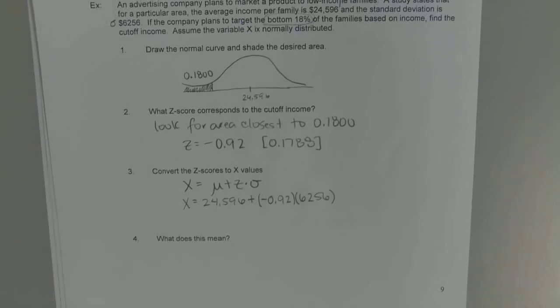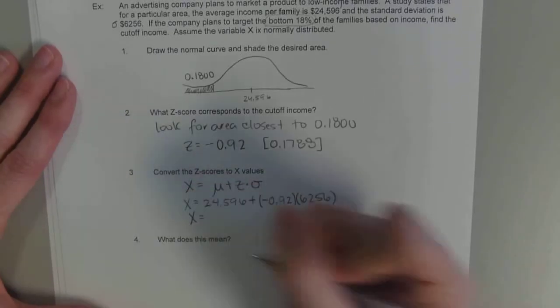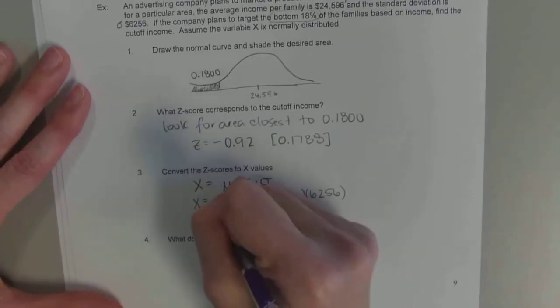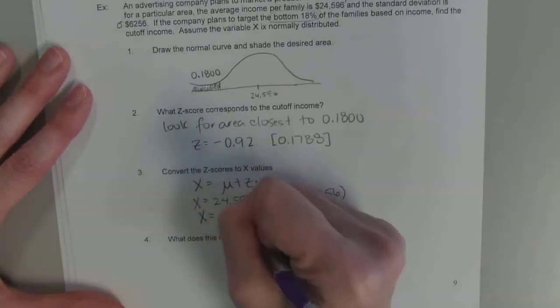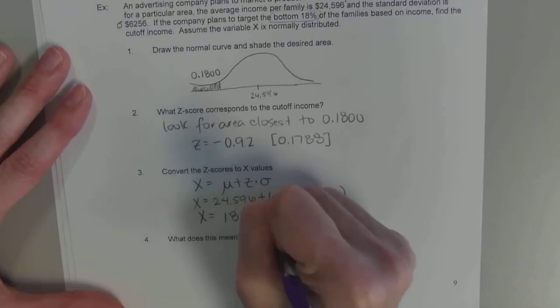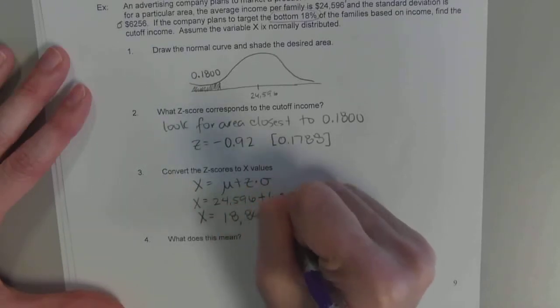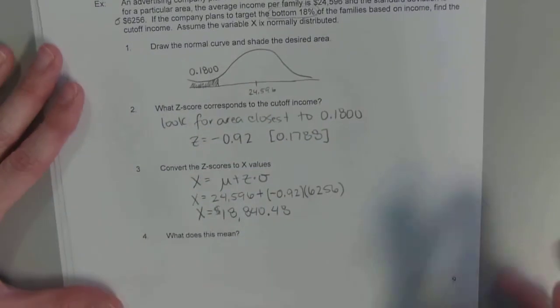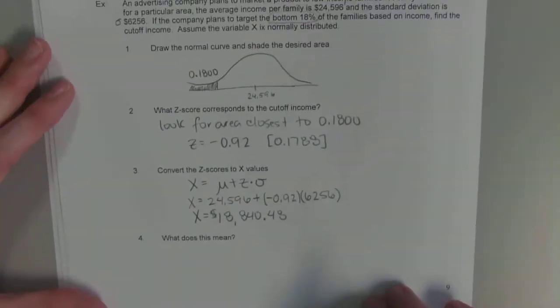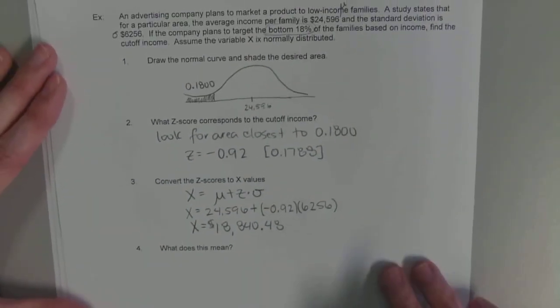When you throw this into your calculator exactly like that, do the math, you'll get 18,840, and since it's money, we'll round to the nearest hundredth: $18,840.48.